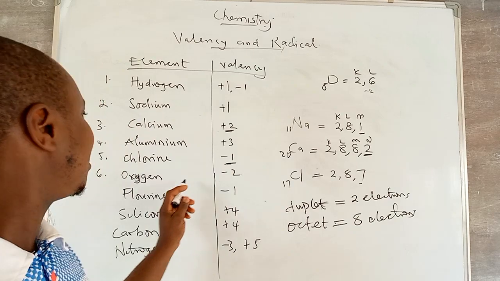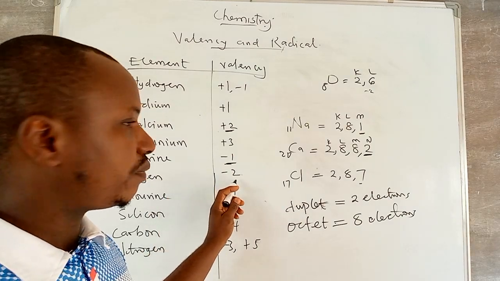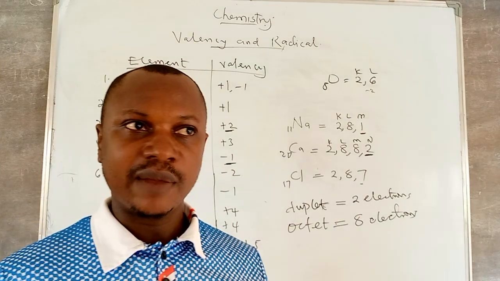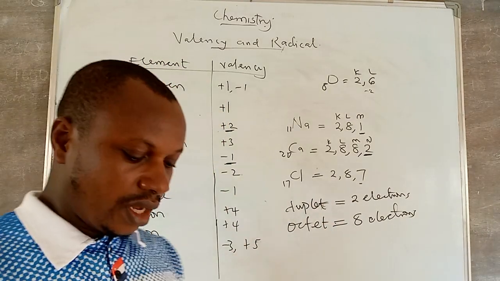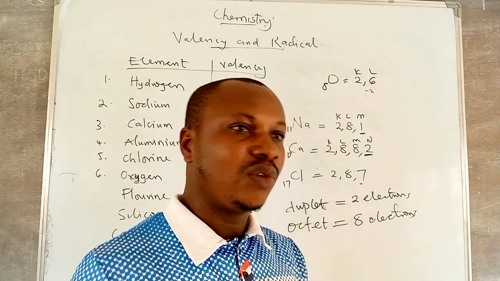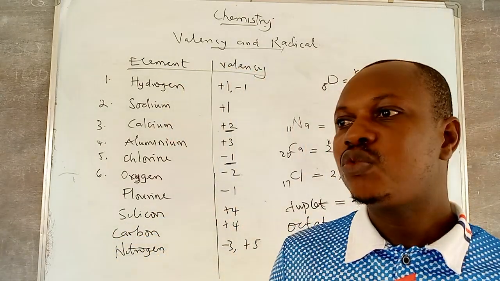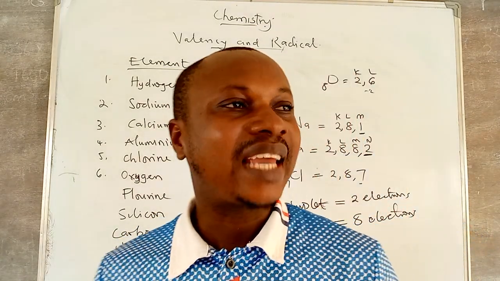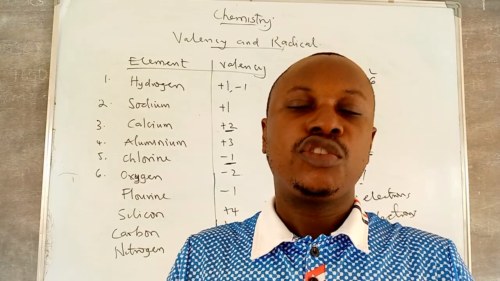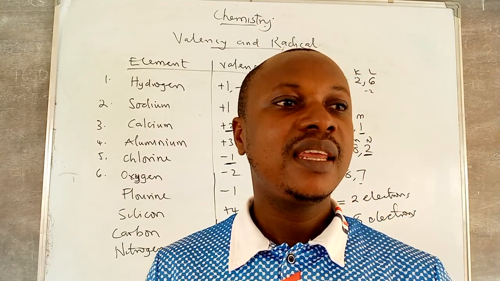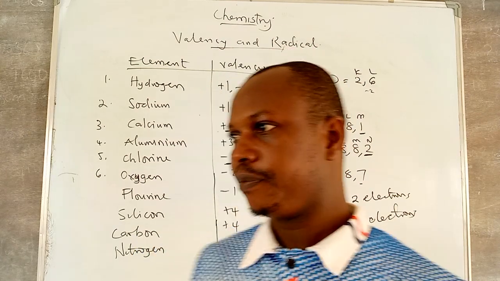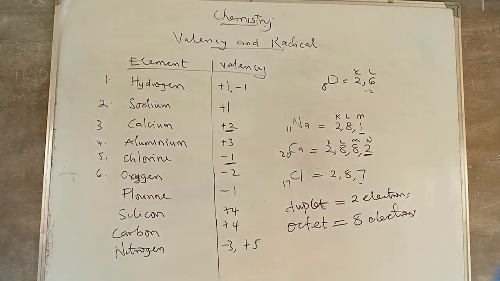That is why the valency of oxygen is -2. Whether valency or oxidation number, the important thing is for you to understand the point. Remember why we are struggling to learn all these things. We want to be able to write comfortably the structure or the formula of compounds. Very, very easy. So that is it. We are going over to radicals.